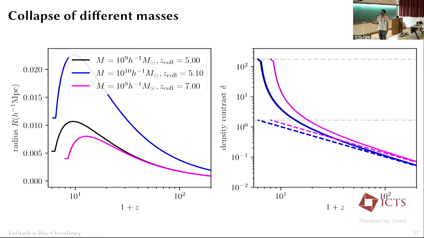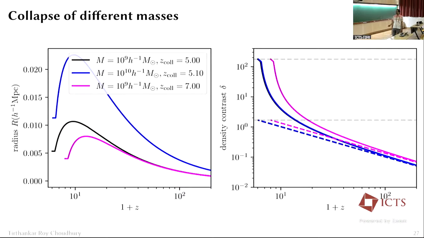What is more interesting is if I take a completely different system which has some mass and it collapses at a different time, the density contrast is different, but when it collapses at this point, the density contrast has the same value, irrespective of what the mass is, what the collapse redshifts are. This is, again, you can derive all these things from equations, but this is happening because of the spherical symmetry in the problem.